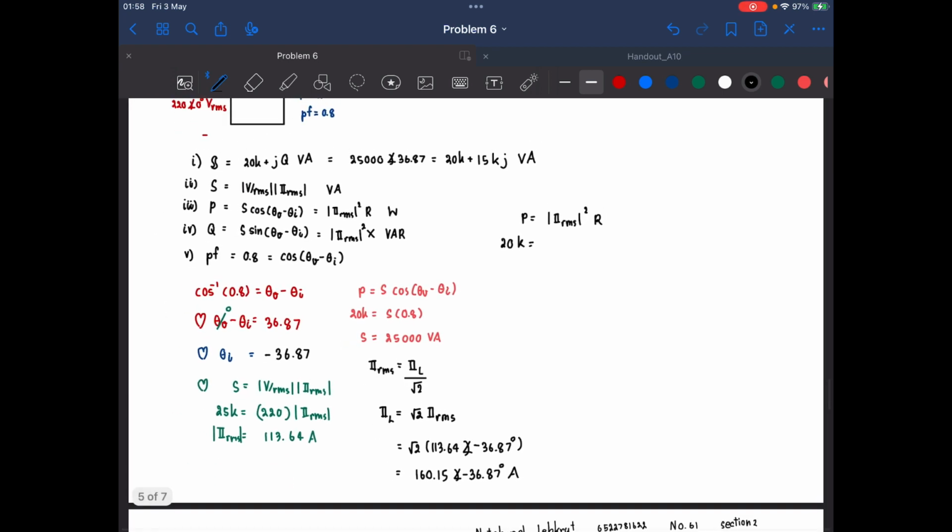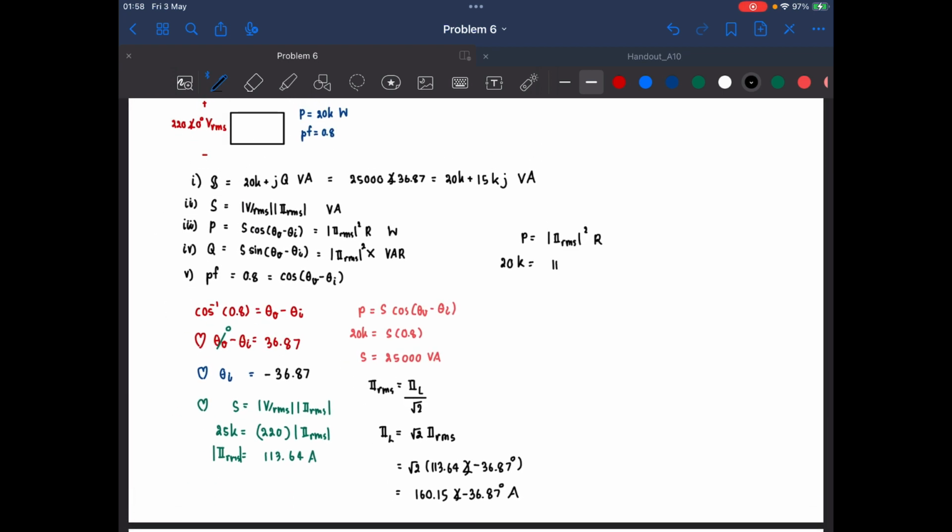IRMS magnitude, so we calculate it with the calculator. We'll be throwing in this value.